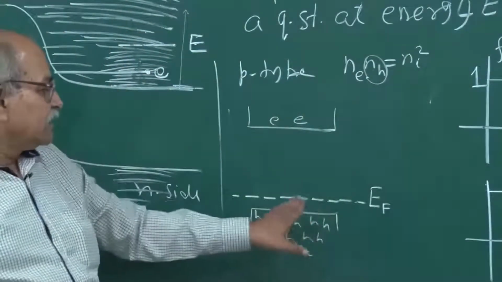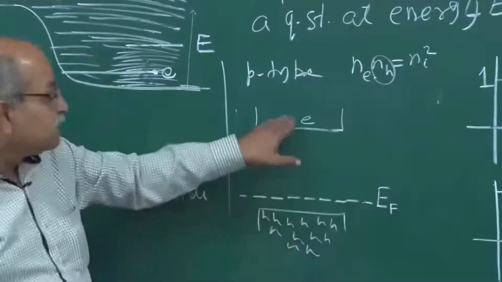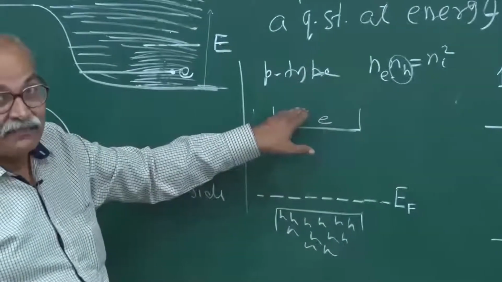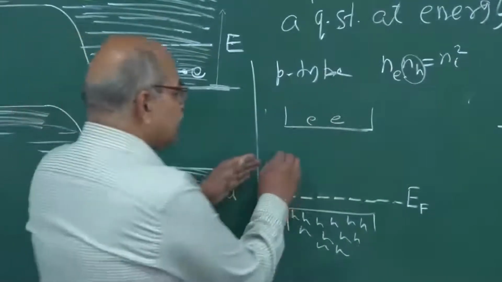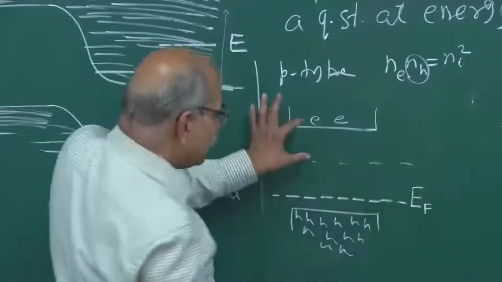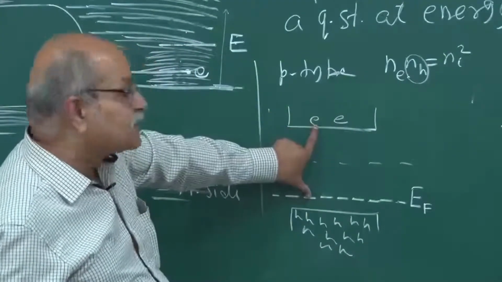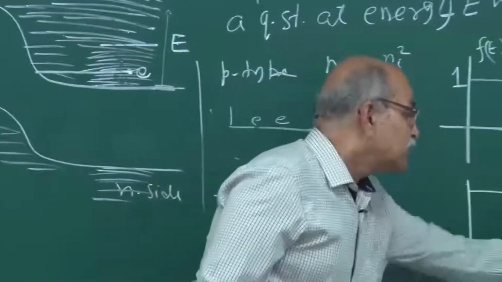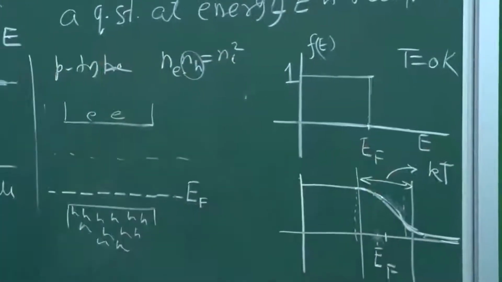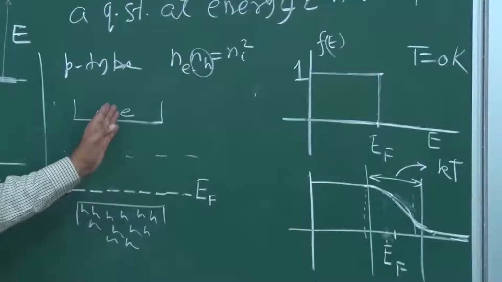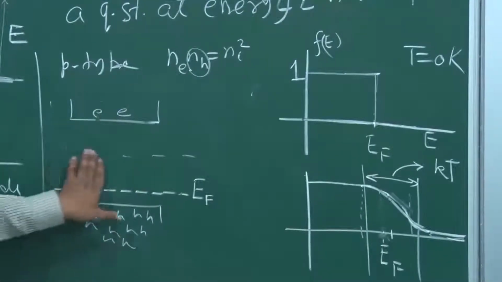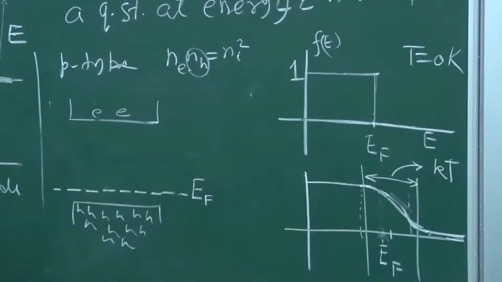In this picture, we have gone even farther away from the Fermi energy. Initially the Fermi energy was in the middle, and we were this much away. Now you are this much away, so the probability has decreased again, and you have far fewer electrons here. So here the Fermi energy is like this.